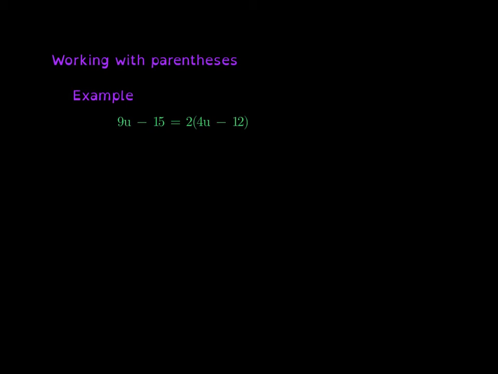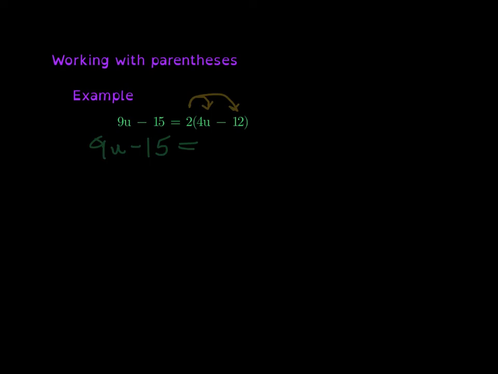So the way we're going to deal with something like this, to start off, I'll rewrite the left side because nothing's going to change there. 9u subtract 15. The way we're going to deal with this, though, is we're going to take the 2 that's outside the brackets and we're going to multiply it by both terms inside the bracket. There's 2 terms inside, 4u and then a subtract 12.